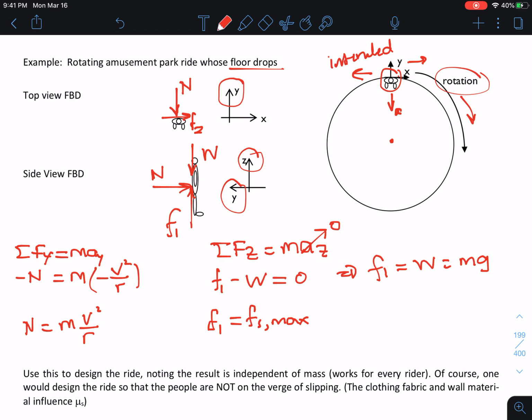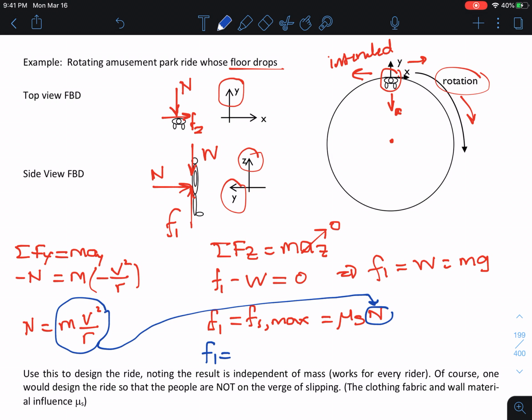And if you are looking for on the verge of moving, then F1 will be equal to mu_s times N. So we already had N, so I'm going to use that definition and plug it in here for this N. And then we are getting F1 to be mu_s m v squared over r. We also know that F1 is mg, so these two are going to be equal to each other.